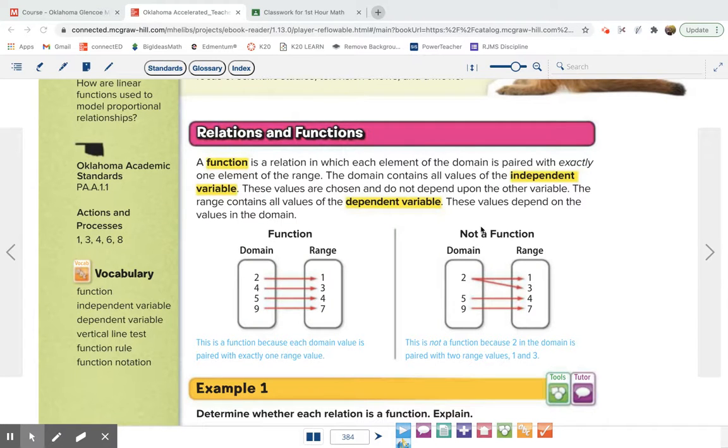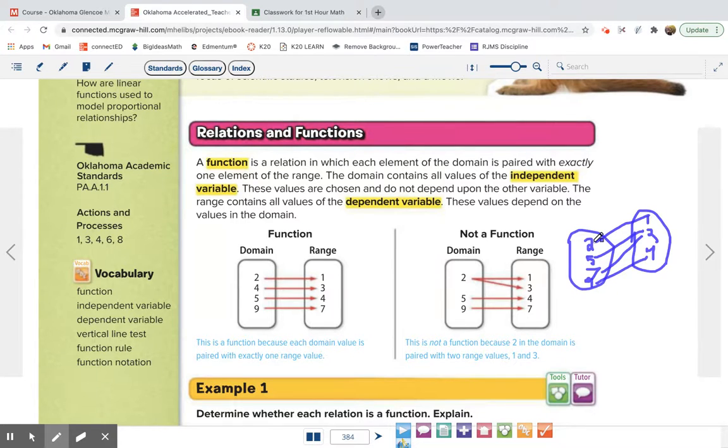Another one of these that I wish they would have shown, but they didn't, so I'm going to draw it. It might take me a second. I'll just use the same numbers that they have. 2, 5, 7, 9, 1, 3, and 4. So on this one, say we had this, and that 9 to the 4.